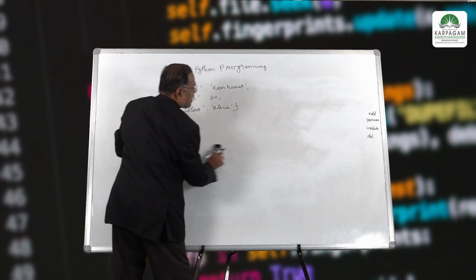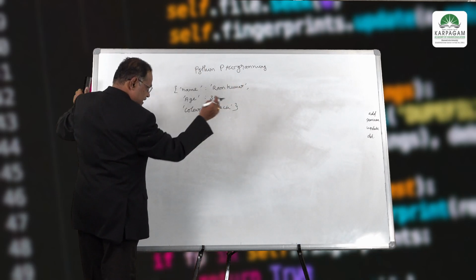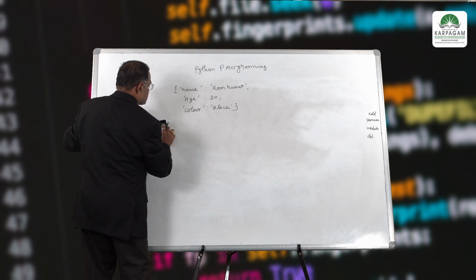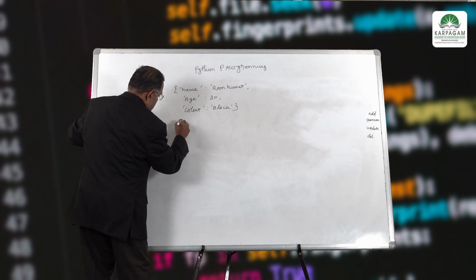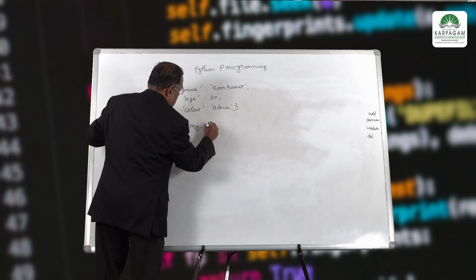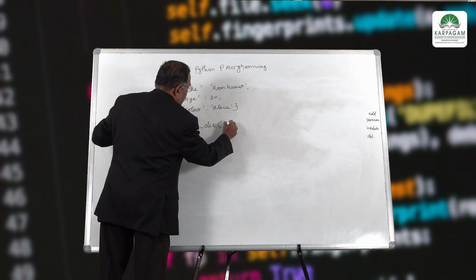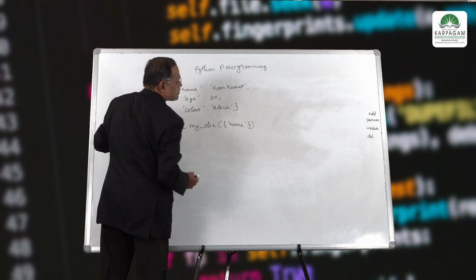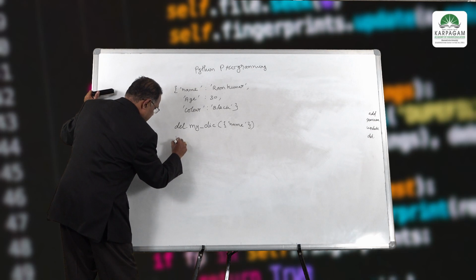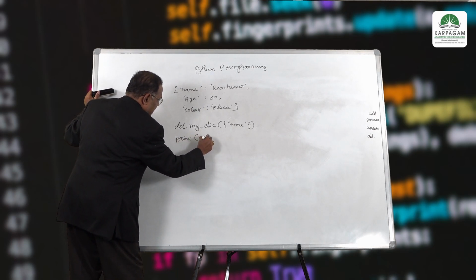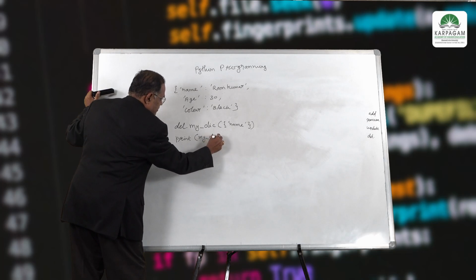Now if I use del, that is delete: del my_dict of name. Again I am printing it. Print my_dict.